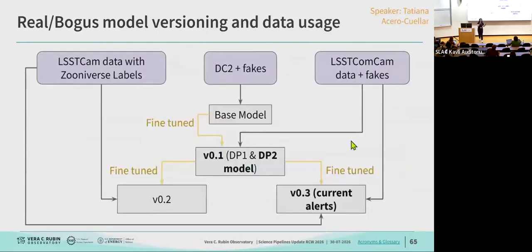So this is a summary of the versions. From the 0.1, we fine-tuned the model using LSSTCam data with Zooniverse labels, which I will explain in a moment, to create the 0.2 version. And then also starting from the 0.1, we fine-tuned to create the 0.3 using the ComCam fakes and LSSTCam data with Zooniverse labels.